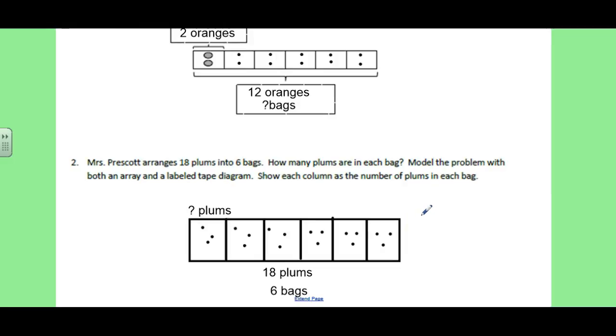Once again, when we're writing division, we always start with the total, so I want you to write 18, and based on the number that they gave us in the problem, we know that we're doing 18 divided by 6, and once we solved it using our tape diagram, we found out that 18 divided by 6 was equal to 3. And the way you have to think of it is, is 3 times 6 equal to 18? Because that will tell you if your answer is correct. And we do know that 3 times 6 is equal to 18. So now we are ready to move on to the next page of the problem set.